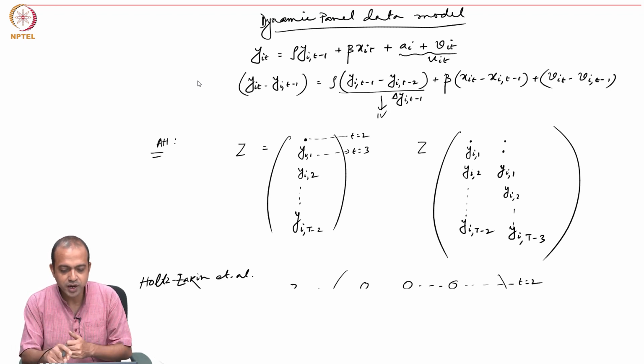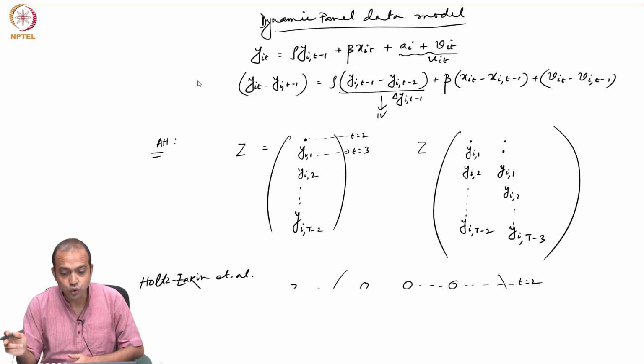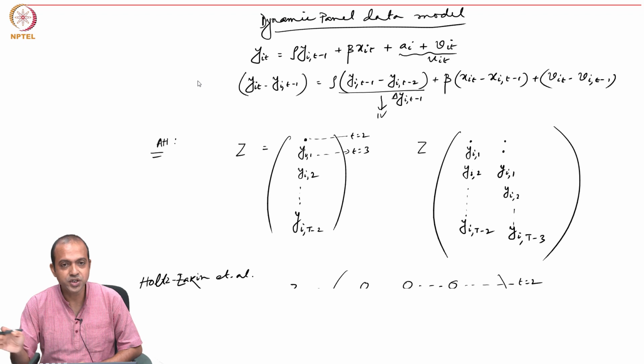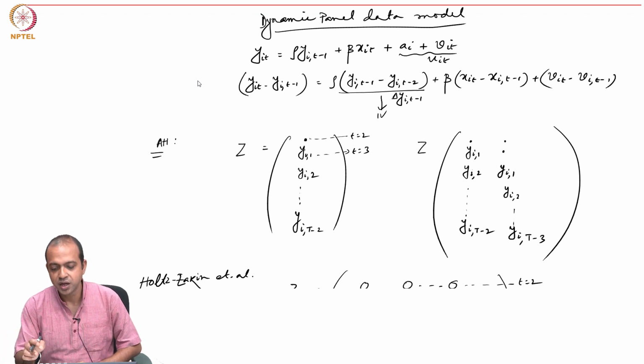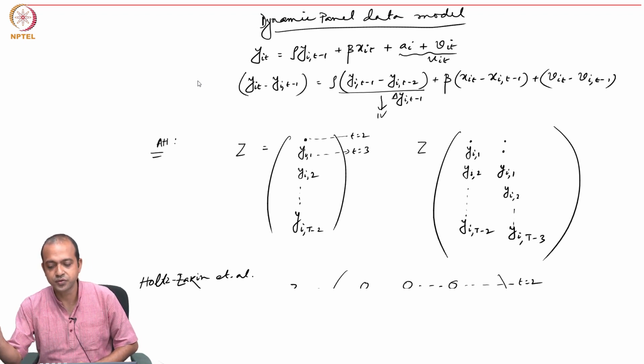So this would become y_{it-1} equals (1 minus rho) into y_{it-1} plus beta x_{it} plus a_i plus v_{it}.